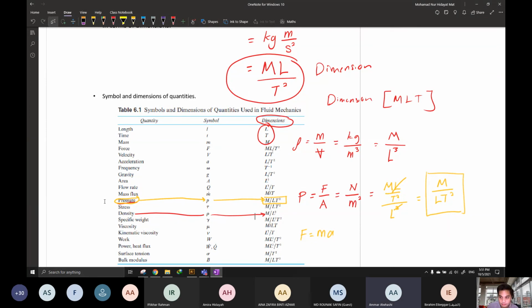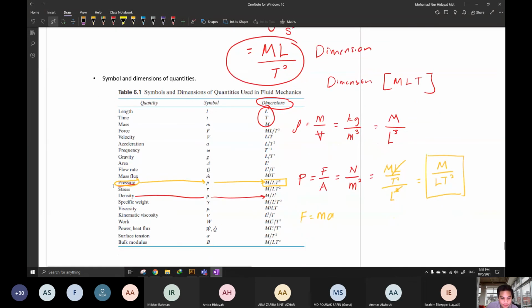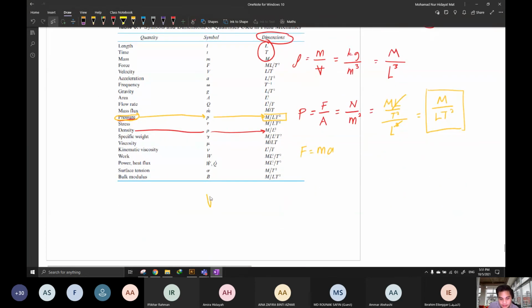Yes, doctor. Thank you. Now this is velocity. What's the unit of velocity? The formula is length over time, so meter per second. The dimension of meter is what?